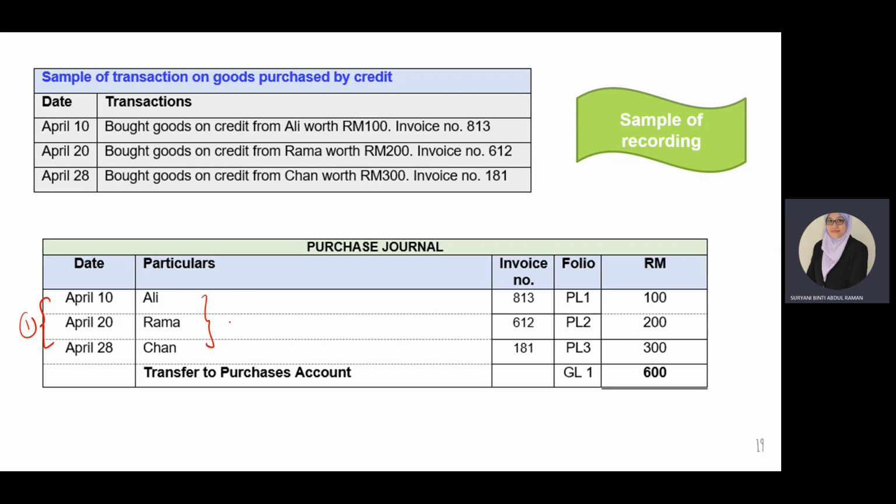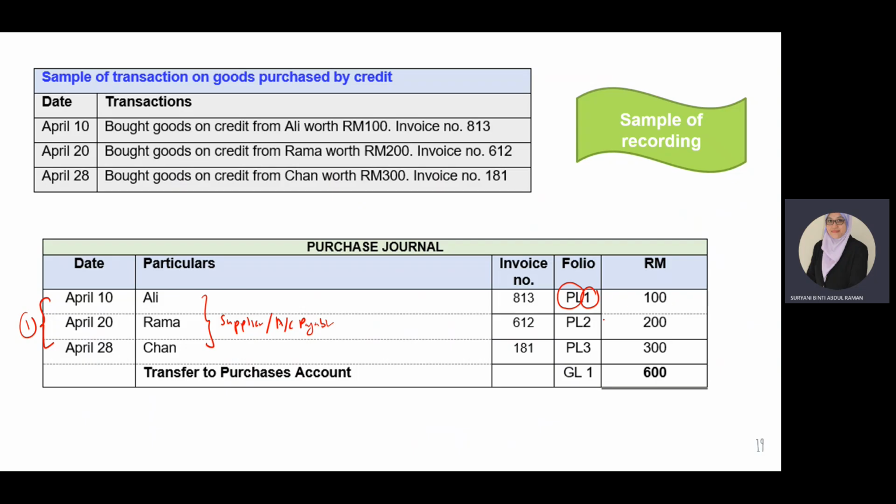This is the name of your supplier or the accounts payable. So you start with 10 April from Ali, the invoice number, and the folio is the code of reference that you use. Remember, accounts payable are the accounts under purchase ledger, and since Ali is the first accounts payable or your first supplier, you name it as PL1 and record the amount.